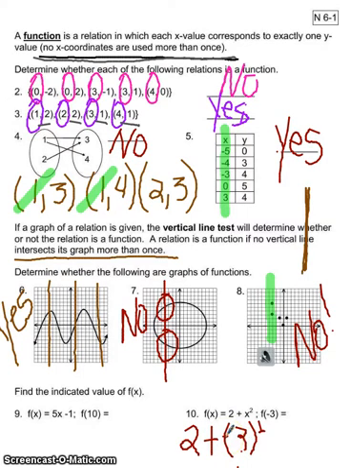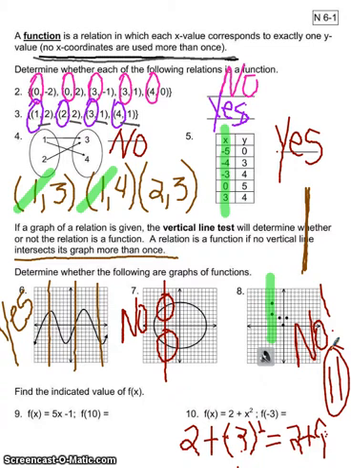So I know that negative 3 squared is going to give me 9, because negative 3 times negative 3 is positive 9. And then I'm going to have 2 plus 9, and that's going to give me 11.